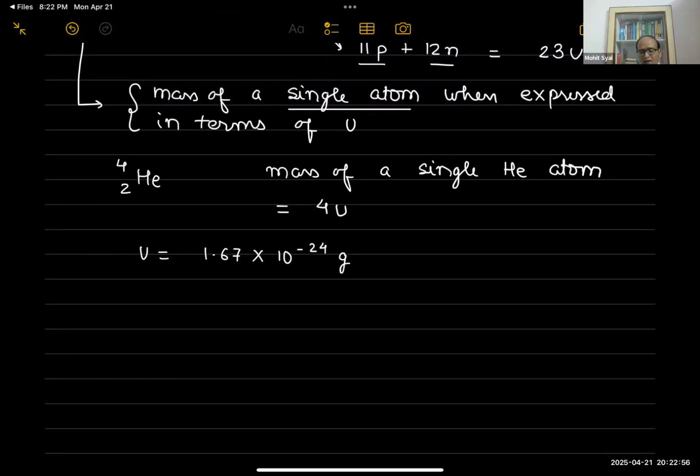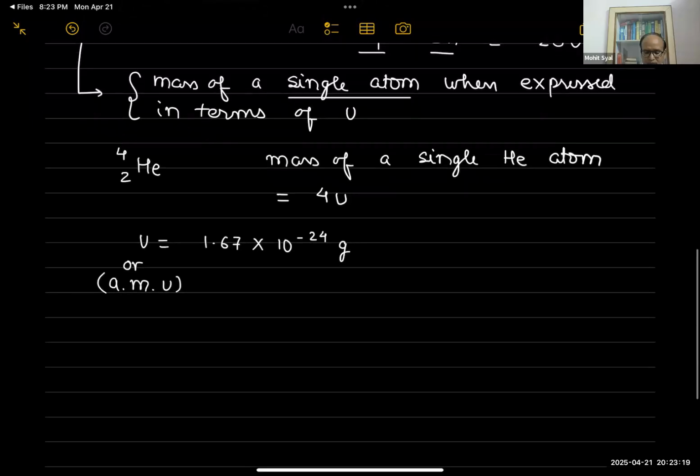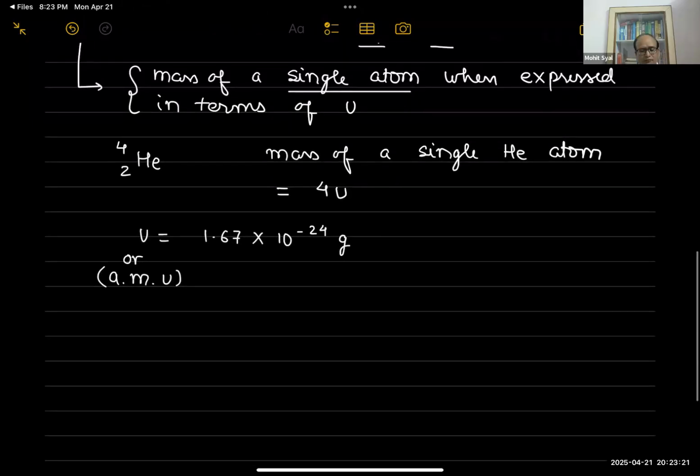It is also known as atomic mass unit, AMU. It is roughly equal to the mass of a single proton or a single neutron. In order to get the atomic mass, we add the number of protons and neutrons and express it in terms of U. Is it clear or not? Yes, sir.